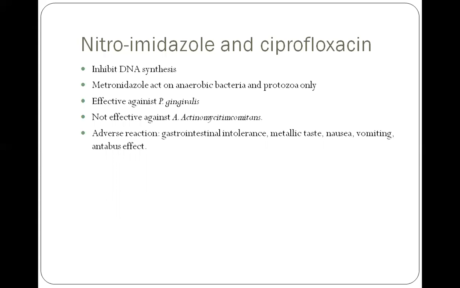Importantly, it is effective against Porphyromonas gingivalis, which is one of the important pathogens in periodontitis. This is from the red complex of periodontal pathogens. But it is not effective against Aggregatibacter actinomycetemcomitans. We have to consider this as well.